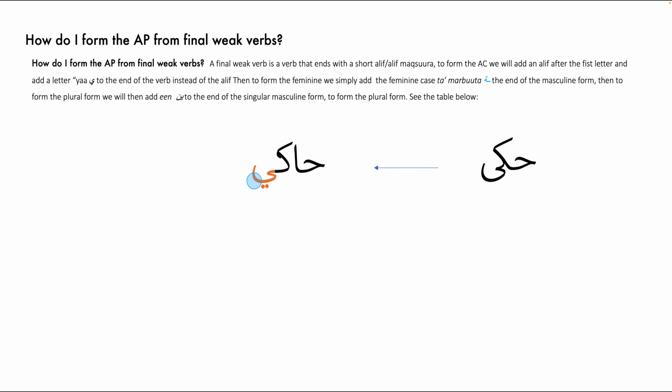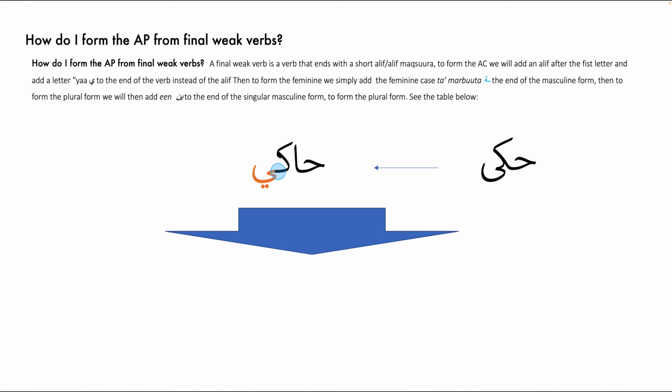So you add an alif after the first consonant, so it becomes ha, and then the alif maqsoora reverts back to the root letter, an E, so it becomes haki. And haki, the active participle, refers to two things: the sayer and saying. So it refers to the person who does the action and the action itself.